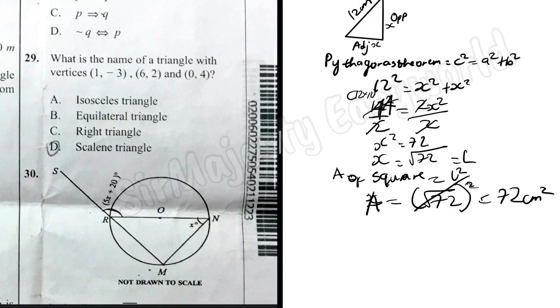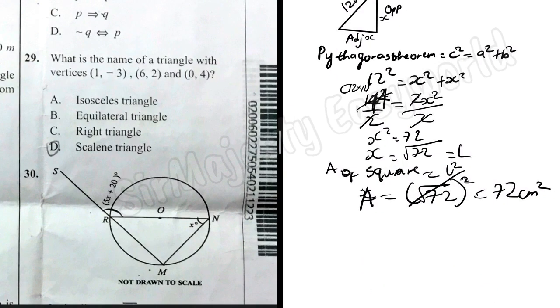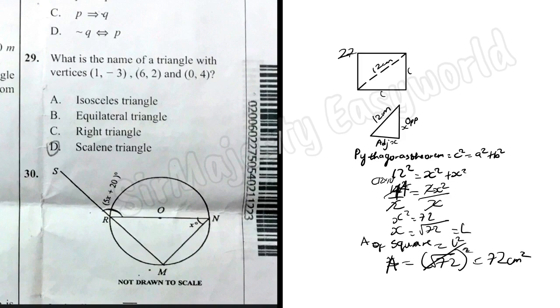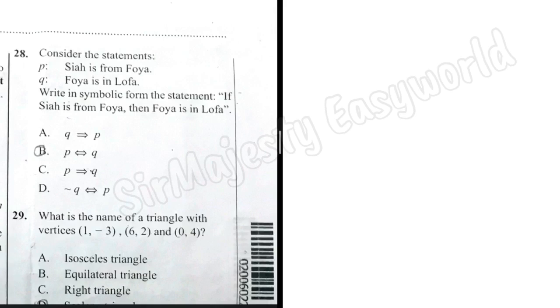So let's move on to number 28. Number 28 says, consider the statement Sia is from Foya and Foya is in Lofa. Write in symbolic form the statement, if Sia is from Lofa, then Foya is in Lofa.